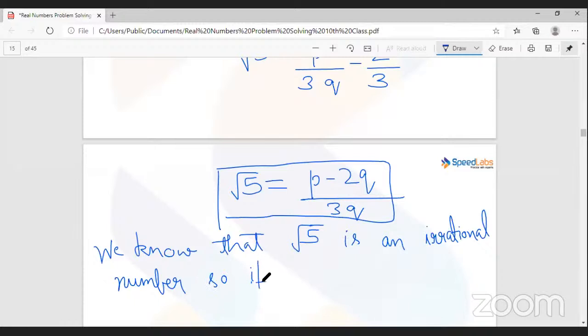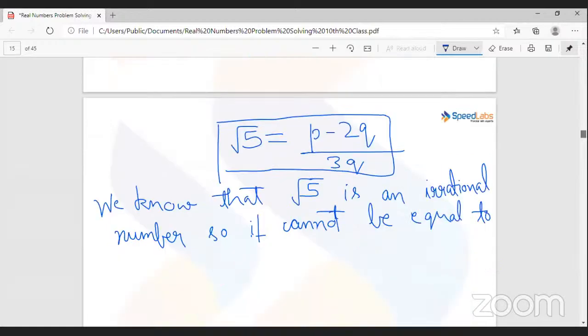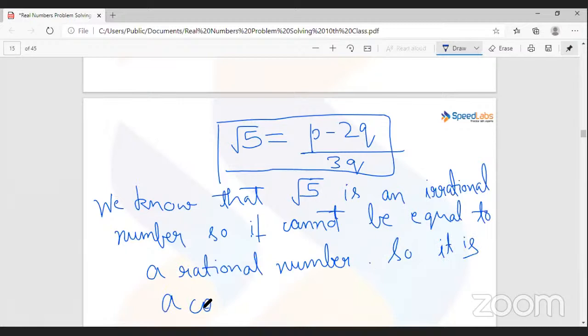So it cannot be equal to a rational number. So this is a contradiction.